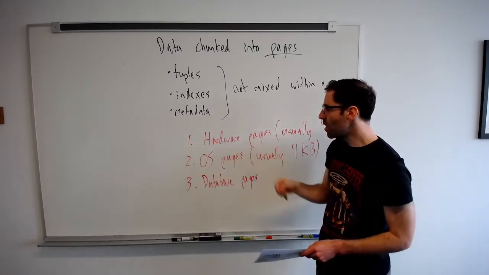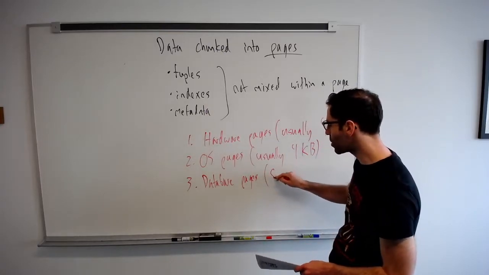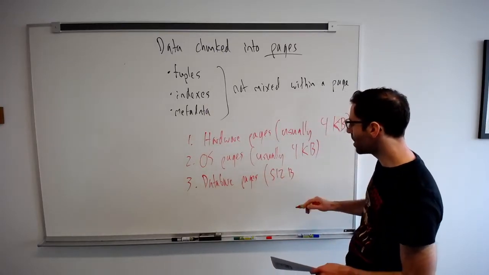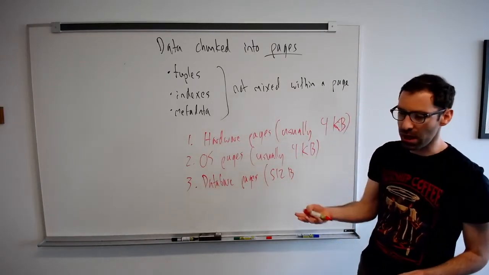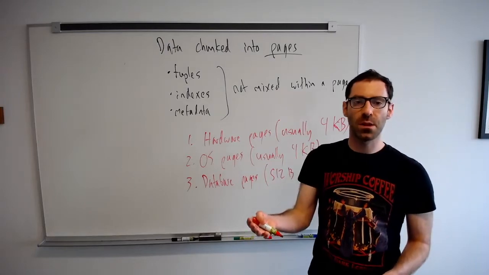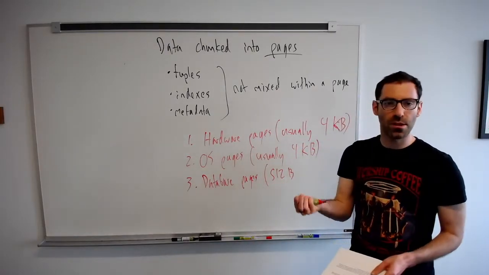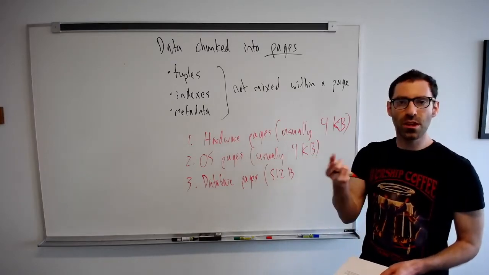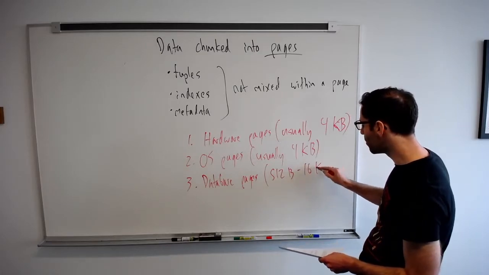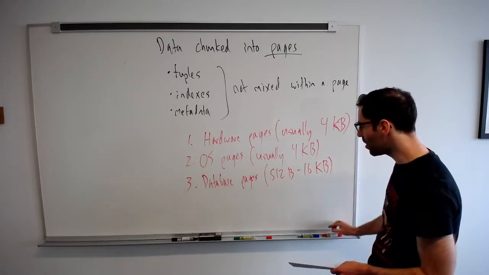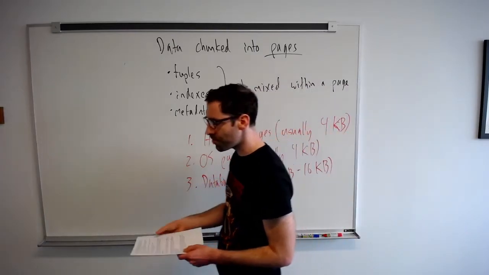The disk, the hardware, will have pages, and database pages will actually range considerably in size, from at the small end something like 512 bytes. This would be like you have a SQLite database running on an embedded device, so you have a relatively small amount of memory available, and you have pretty small pages, all the way up to 16 kilobytes, where the database actually uses these very large pages.